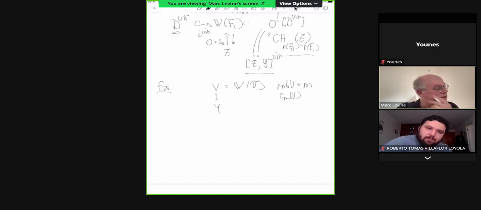But if not, you just get some cycle supported on the zeros of your given section, but it still lives in something where, if Y has dimension N, then this thing is living in Chow M of Y, which is Chow N minus M of Y. Okay, but let's say we have some section S here, and then we'll let Z just be the zero subscheme of the section.